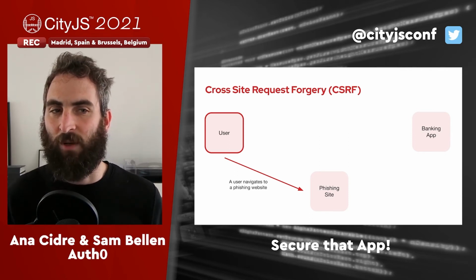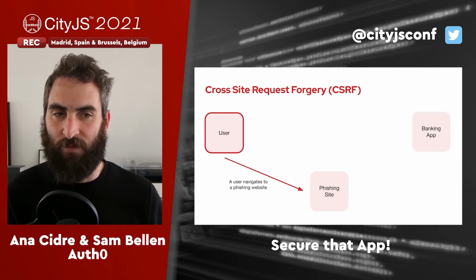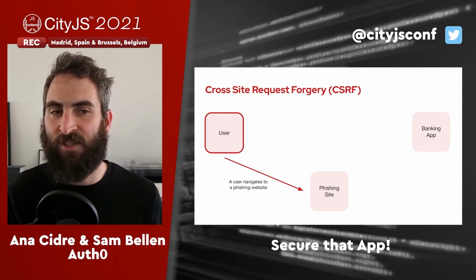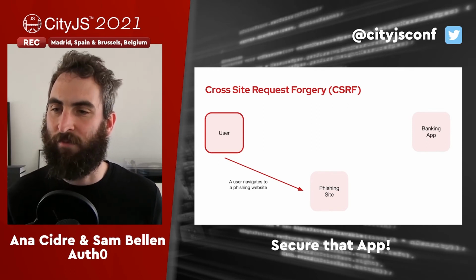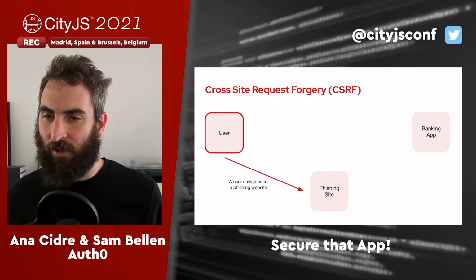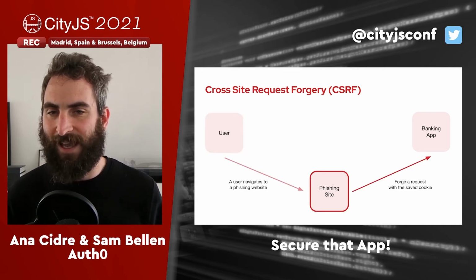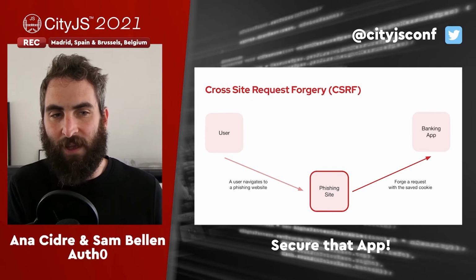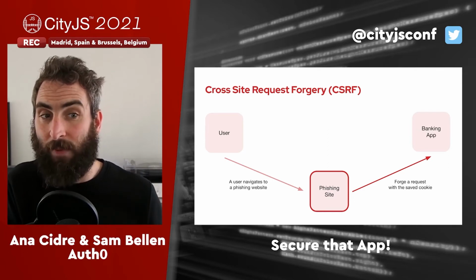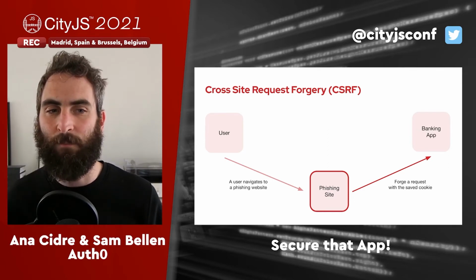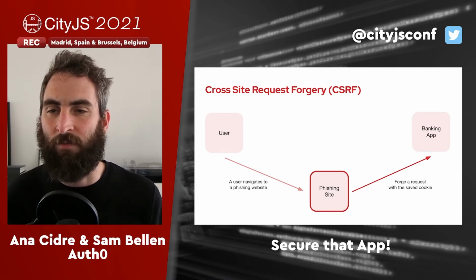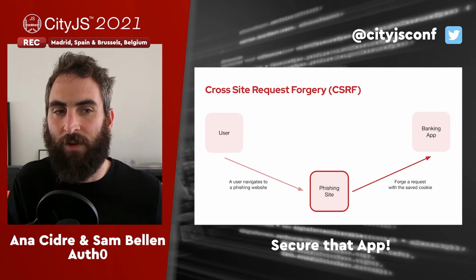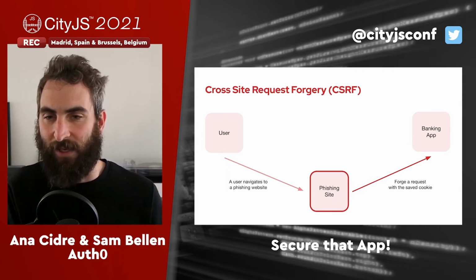For example, if we set up a little phishing site or a phishing email, we let the user navigate to a phishing site. And this phishing site might look exactly like our banking website, so the user doesn't even notice that they're on a phishing website. So they go to this phishing website, and this phishing website is going to do a fake request to the real banking app, and instead of maybe transferring money to a friend of the user, it might transfer all of the money owned by the user to the malicious third party, the baddies.